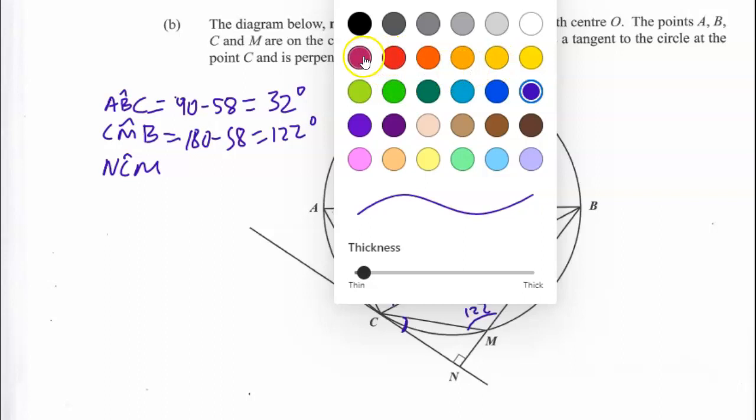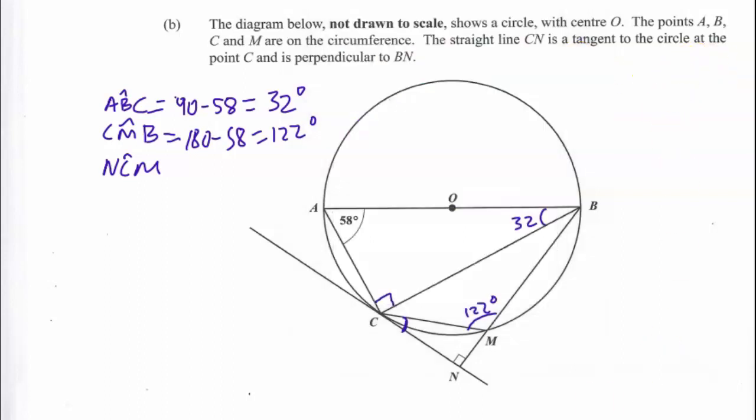So angles on a straight line add to give 180. So if this angle is 122, then this angle would be 58 degrees. Notice angles on a straight line add to give 180. So this angle would have to be 58 degrees.